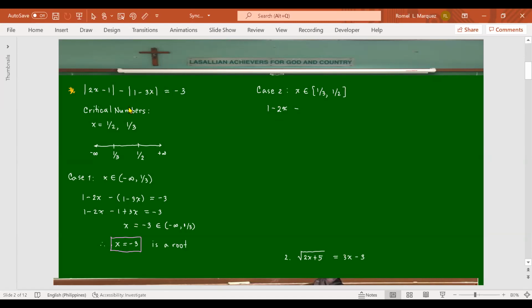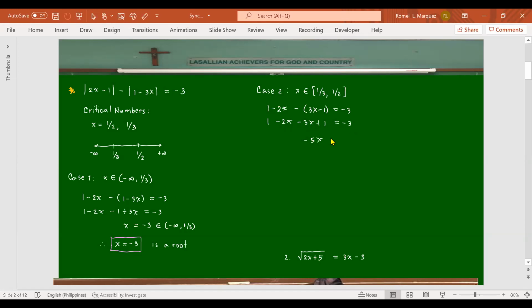Is it negative or positive? Negative. Therefore, we negate to get 3x minus 1. Okay, guys? Equals negative 3. So negative 2x plus 1, minus 3x plus 1 is equal to negative 3.